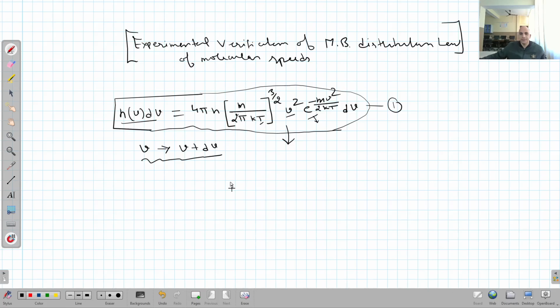We have seen the graph, and I can recall that graph that gives us the variation of this number n(v) dv with the velocity, right? So that graph was of v, and this was n(v) upon n, right?